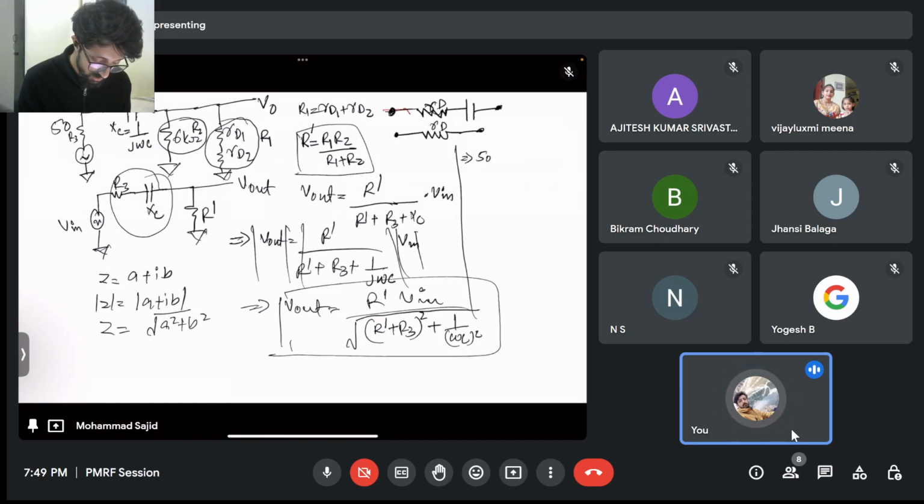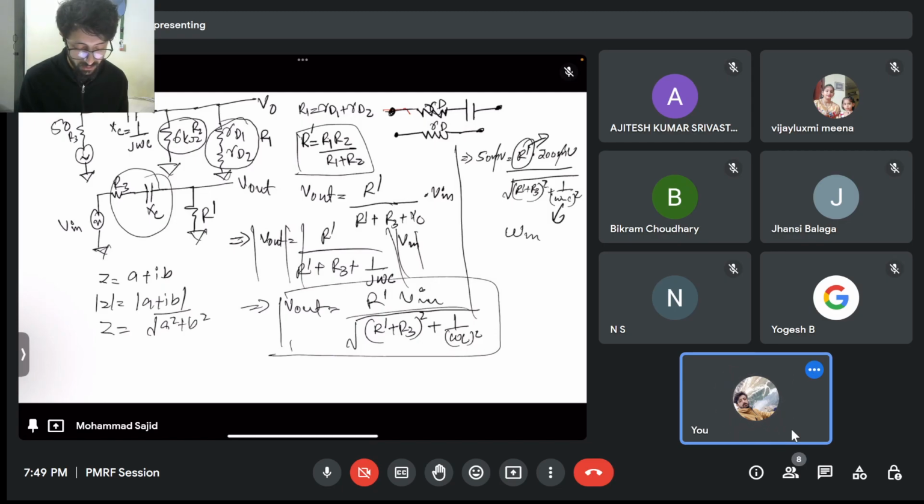You know V output is 50 millivolt, you have R dash, you have 200 millivolt for V in, and you have the square root of R dash plus R3 square plus 1 by omega C square. Now you have all the values. R dash can also be calculated from R1 and R2. You know everything. Now you just have to solve it for omega in.